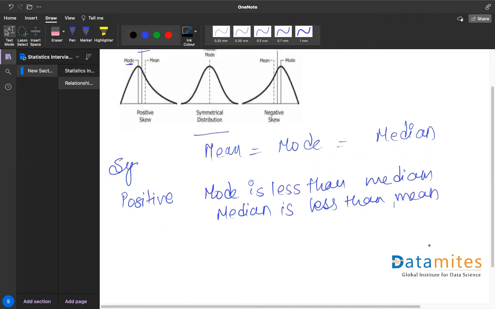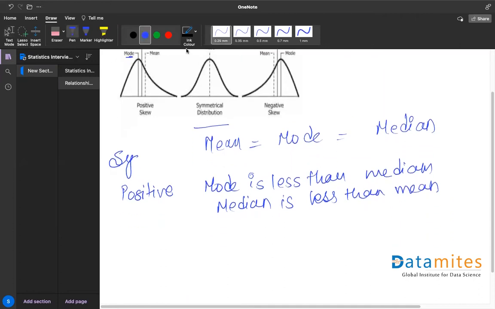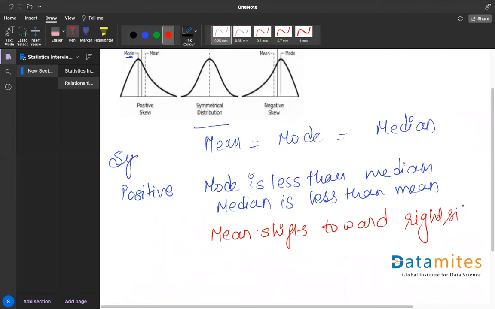So whenever we have positive skewness in the data, mean shifts towards the right side. That means the mean value increases. So the mean value is the highest value. Mean will be the maximum.